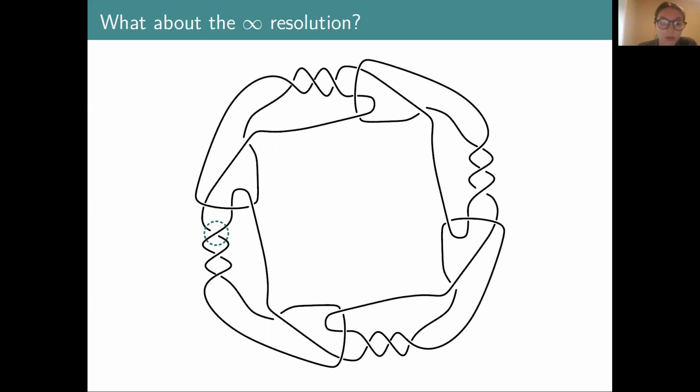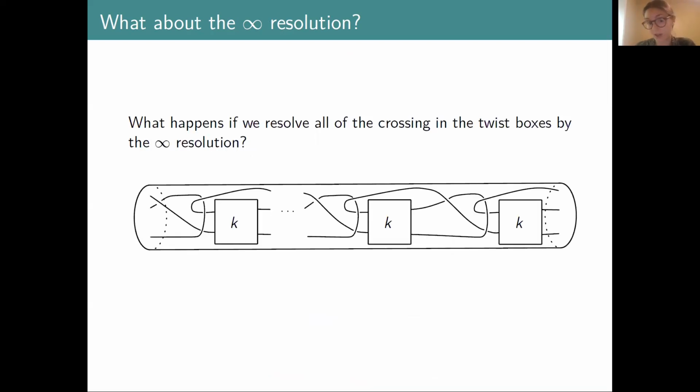Right, so we need to do the other resolution, and nothing as magical happens in this situation, but we did at least reduce the number of crossings of our diagram by one. Okay, so what if we just did that everywhere? At each of the twist boxes, I always do the infinity resolution.